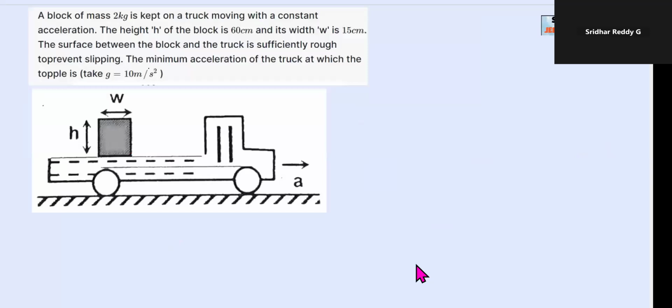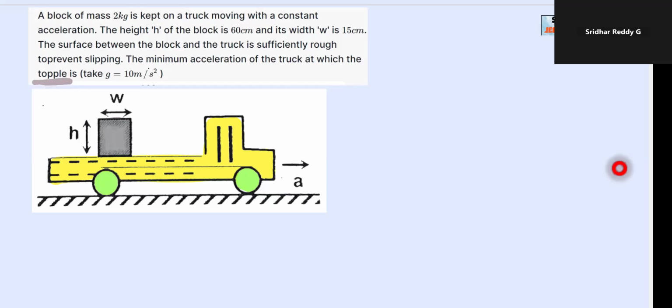Toppling due to the pseudo force. Okay, kids, now we have a problem related to toppling due to pseudo force. We are going to learn toppling due to pseudo force in this particular problem.